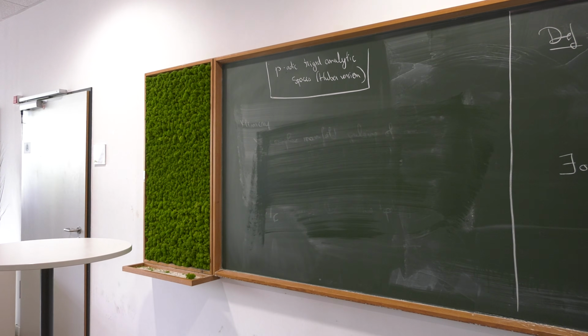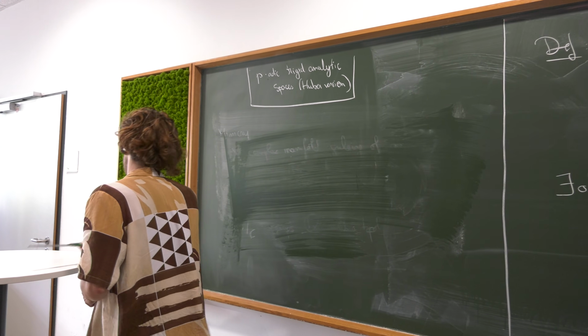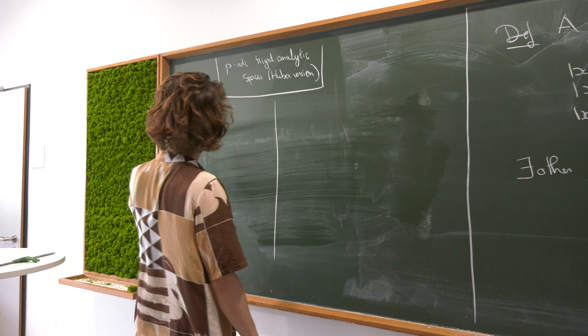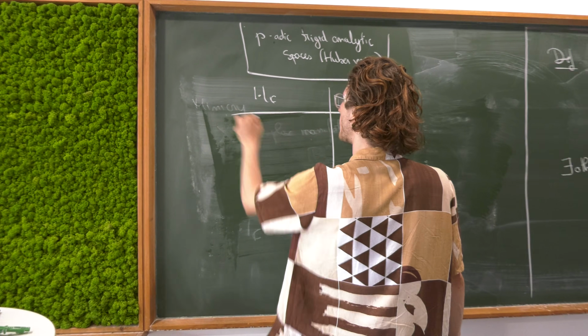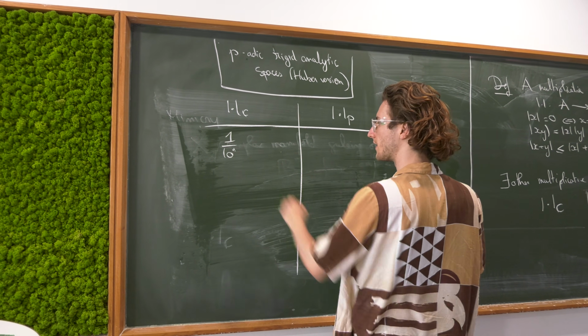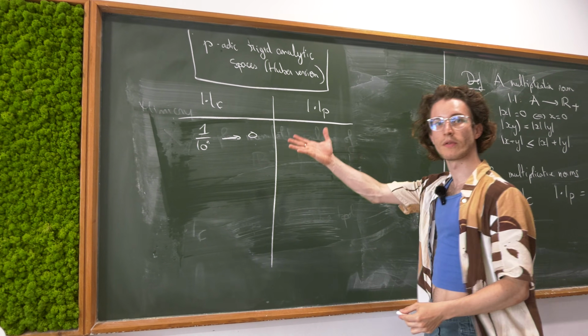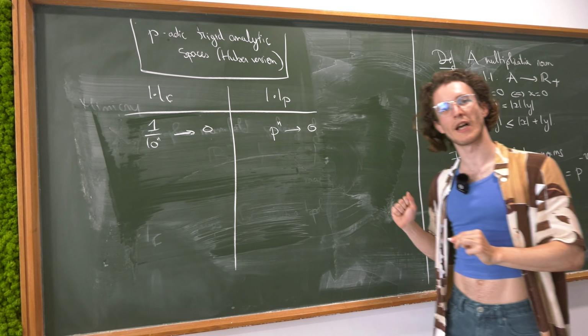If I make a quick table, I have the complex norm and the p-adic norm. Here 1 over 10 to the n goes to 0 as n tends to infinity. And here p to the n goes to 0 as n goes to infinity.